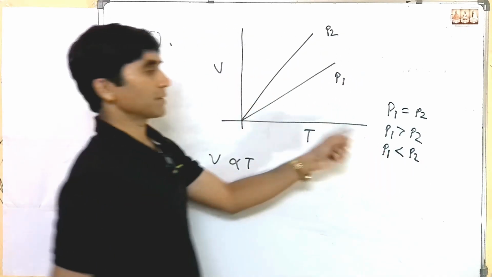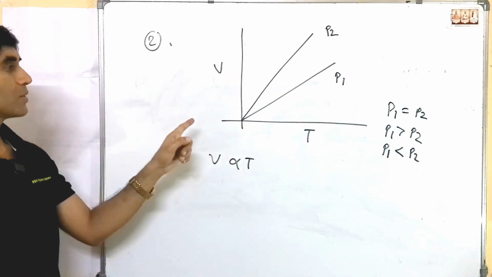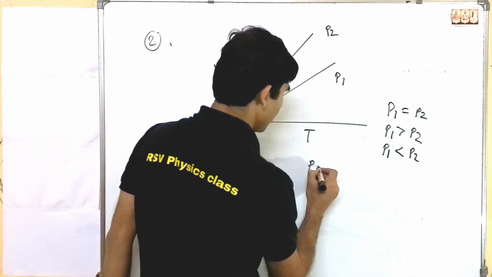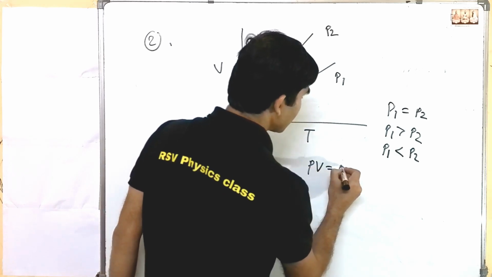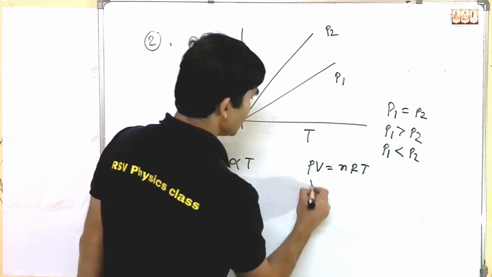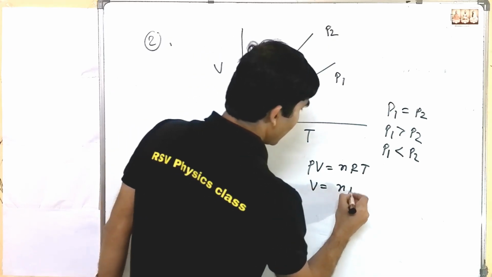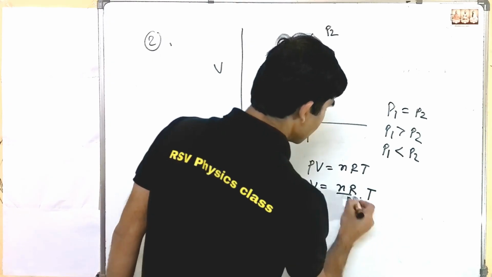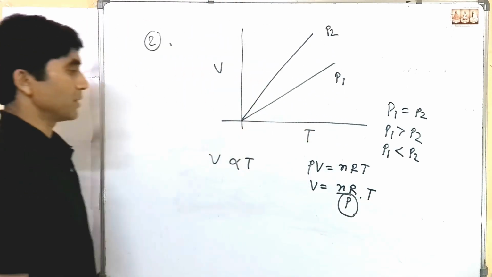Which is correct? The basic equation you must always remember is PV equals nRT, so V equals nR over P times T, where the factor is 1 upon P.